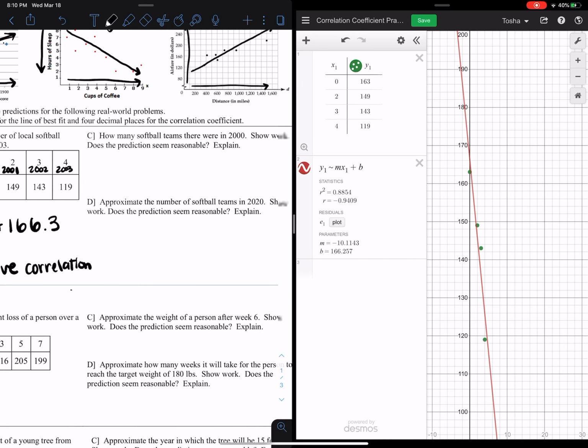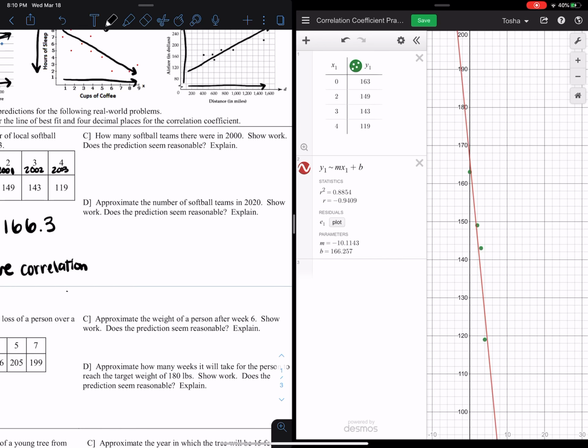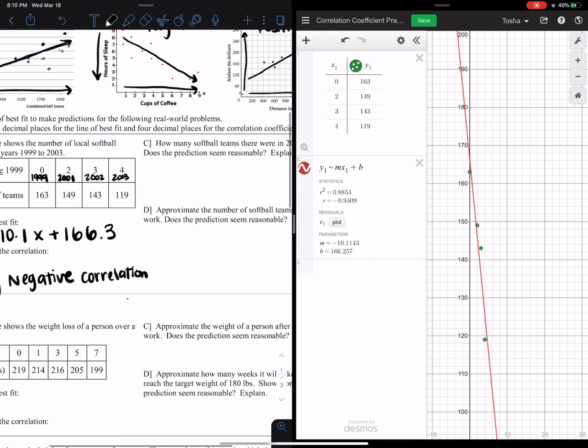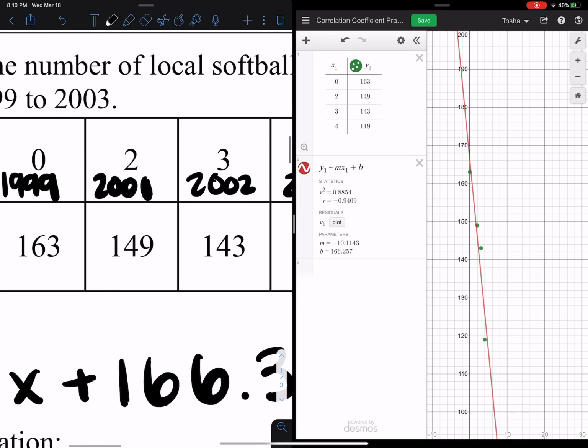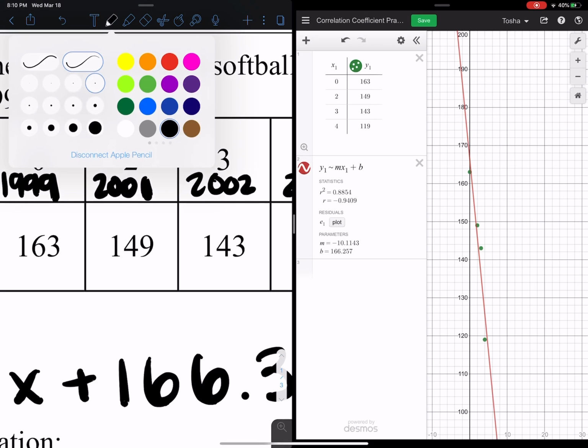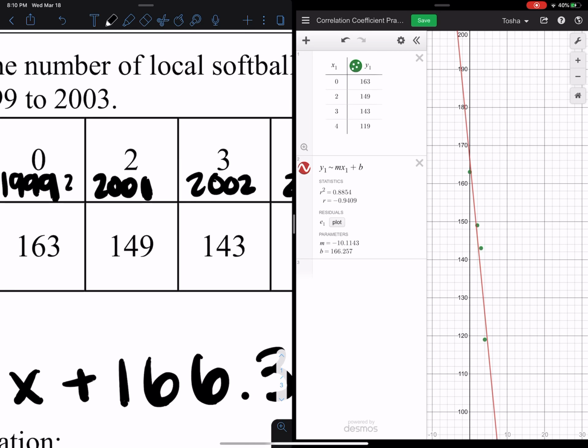And it's asking us to predict how many softball teams there were in the year 2000. So we know that 2000 is right in between 1999 and 2001. So what's right in between 0 and 2?